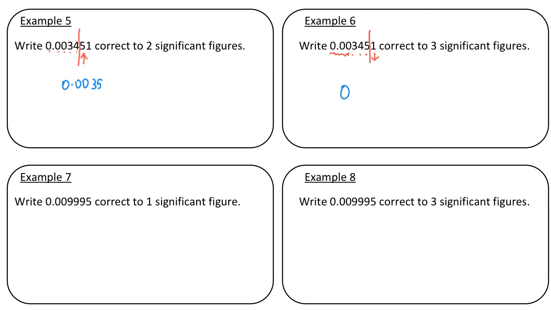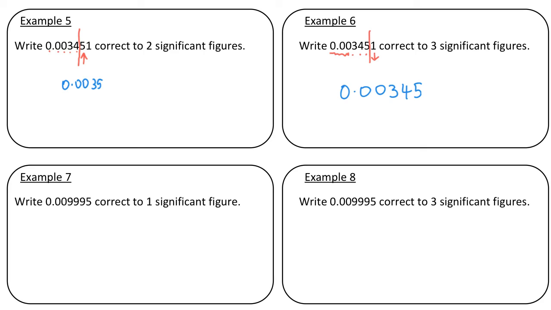So we're going to get 0.00345. Again, we don't put another 0 in because that's not going to change the place value. It doesn't do anything to the number. The only thing it does, it actually makes it more significant. So we leave it as 0.00345.